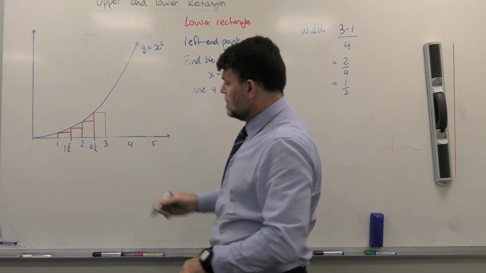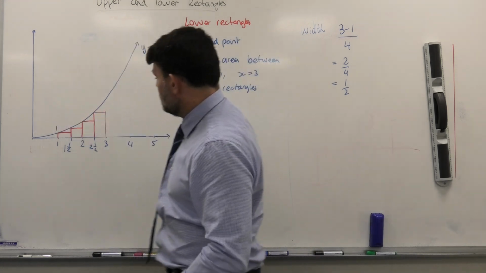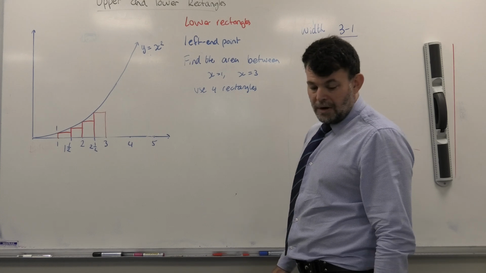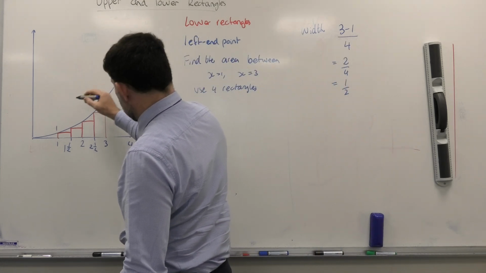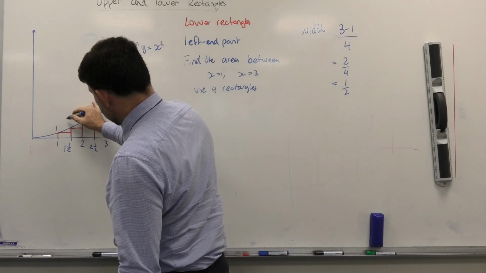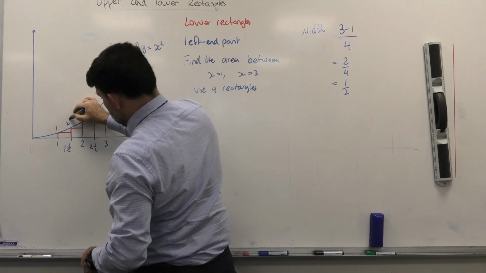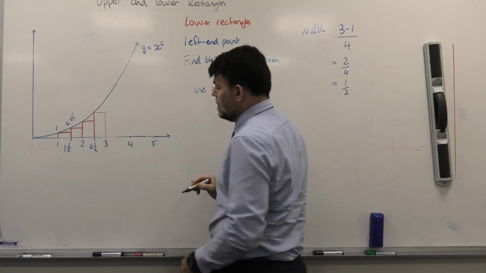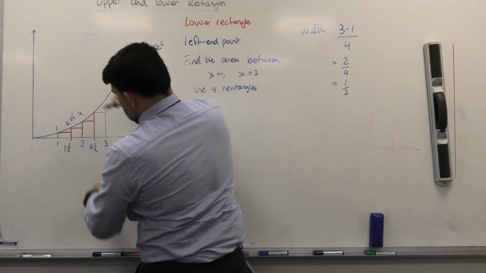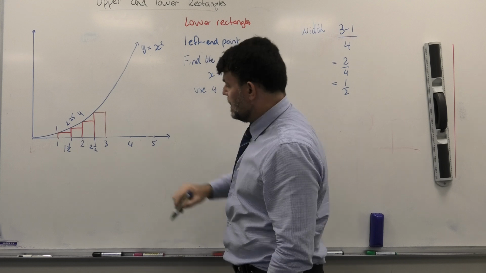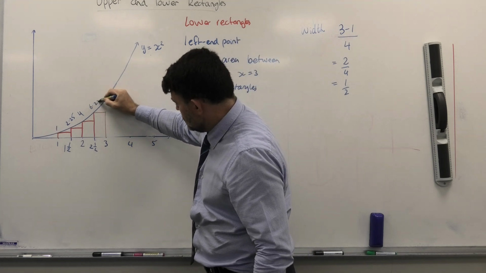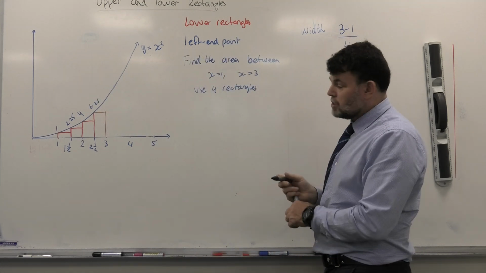So therefore, 1 cubed is 1. 1.5 cubed gives me 3.375, 2 cubed is 8, and 2.5 cubed is 15.625. So we've got all those.